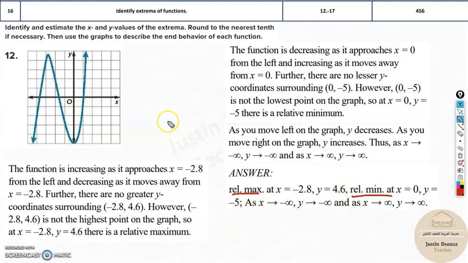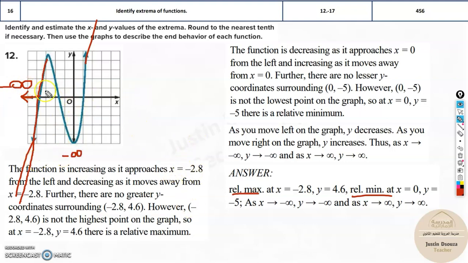Very simple. Now, what about the end behavior? End behavior means where the graph goes at the ends. If you're taking the left side, x is minus infinity over here, right? It keeps on going. Where does this graph go? It is also going towards minus infinity, forever down.